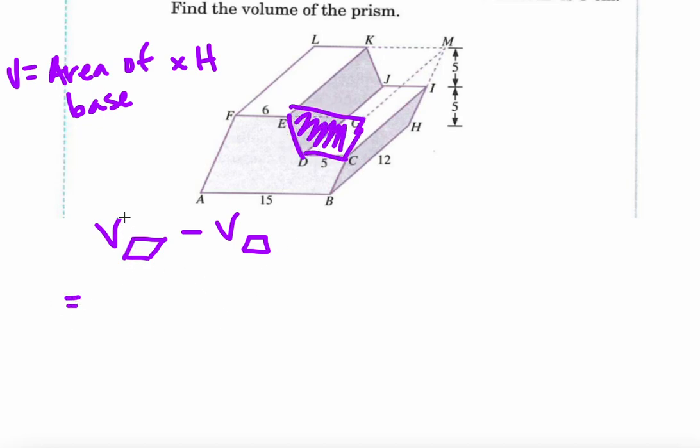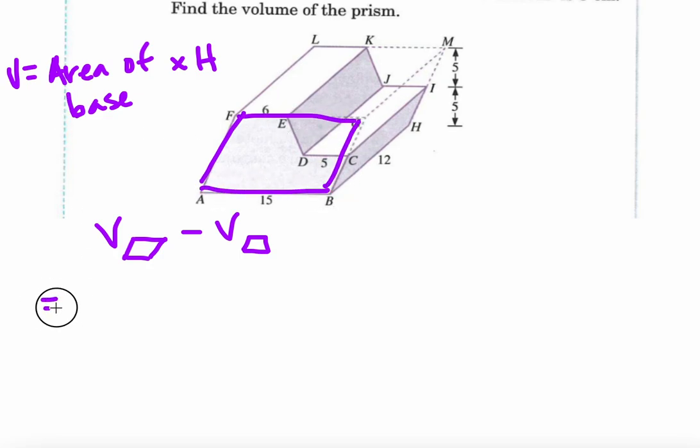So let's do that. If we're just looking at the volume of this entire parallelogram, this one right here, then we're looking at the area of the base. The base is a parallelogram. A parallelogram's formula is base times height. And then we're going to take that and multiply by the height of the prism, which is 12. Okay, so we're going to do that. Then we're going to subtract the volume of this trapezoid here.